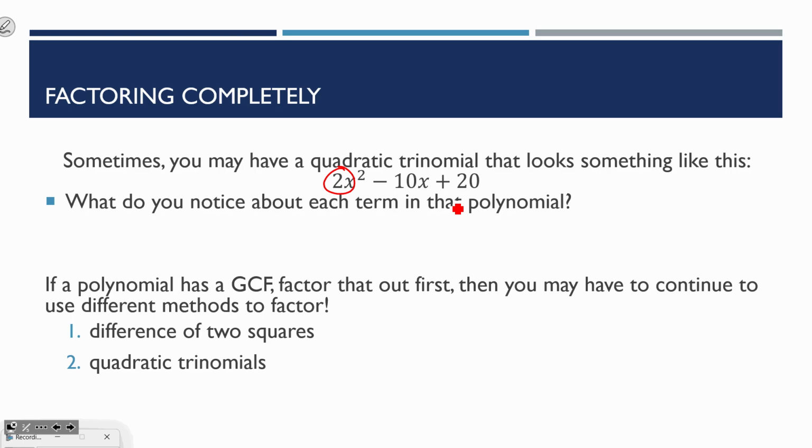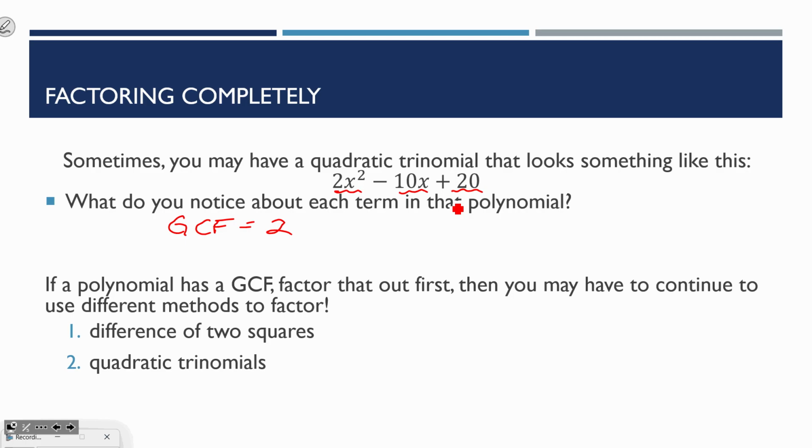But in addition, you might notice that all three of the terms in this polynomial have a GCF of 2. So I can actually factor out a greatest common factor of 2. Even though that is a quadratic trinomial, it also has a GCF.